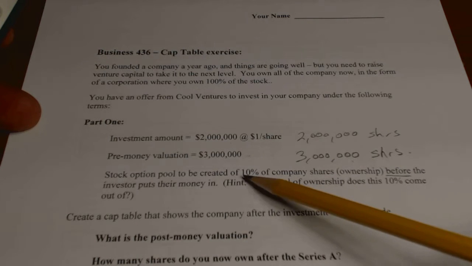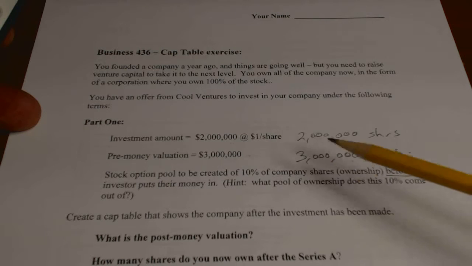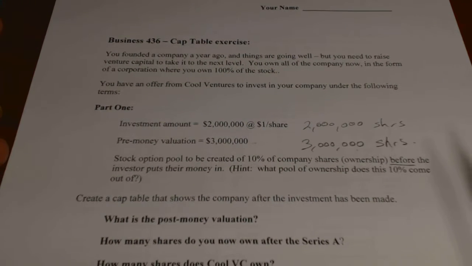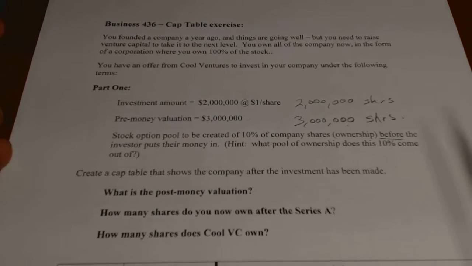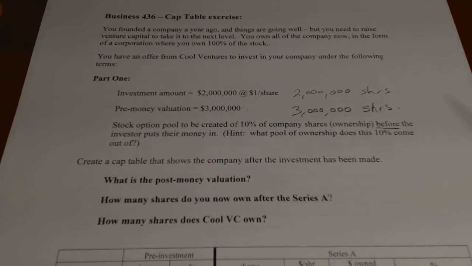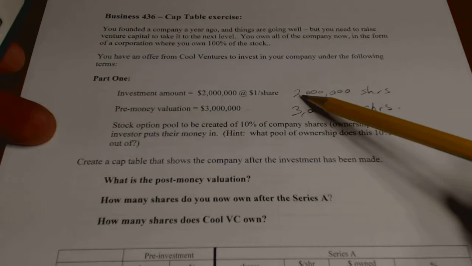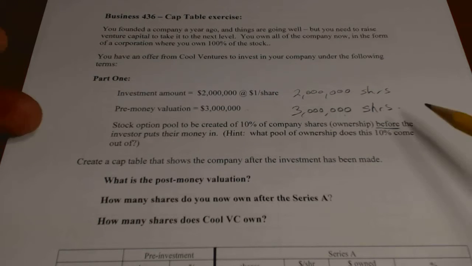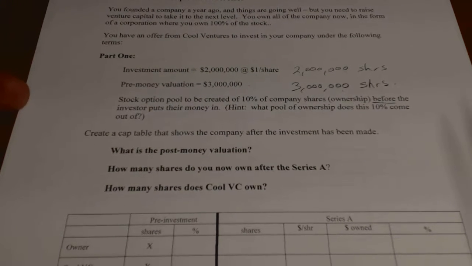If you do it beforehand, like we're going to do now, it dilutes you. That's why they want you to do it before they invest their money. They don't want their investment to automatically be diluted, which makes their money worth less. They went from 2 million shares at $1 a share to 1,800,000 shares. So they lost 200,000 by that dilution right off the bat. That's why they want you to dilute your ownership before they invest the money.